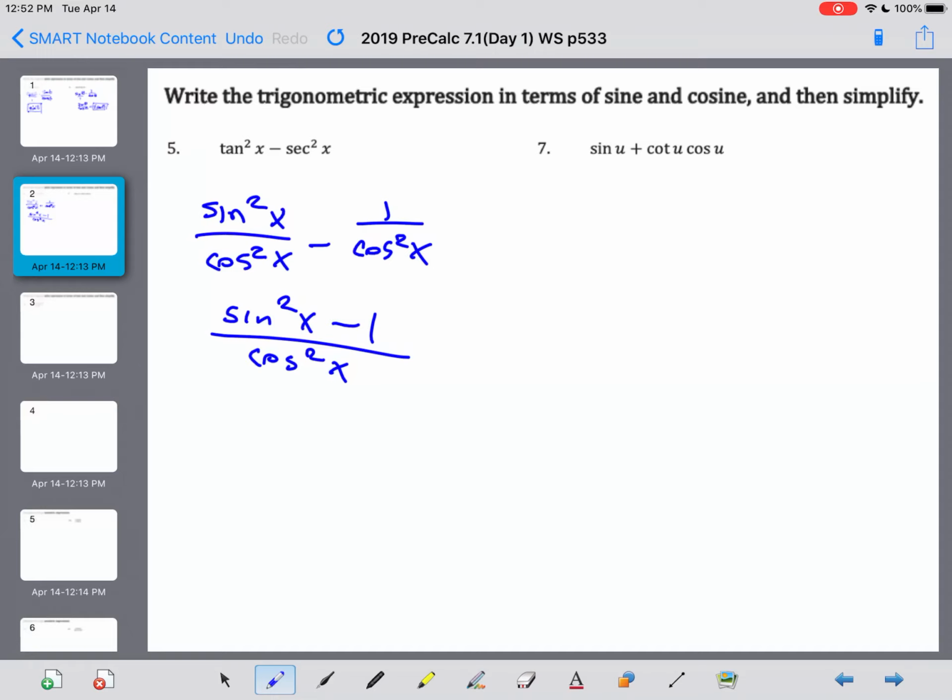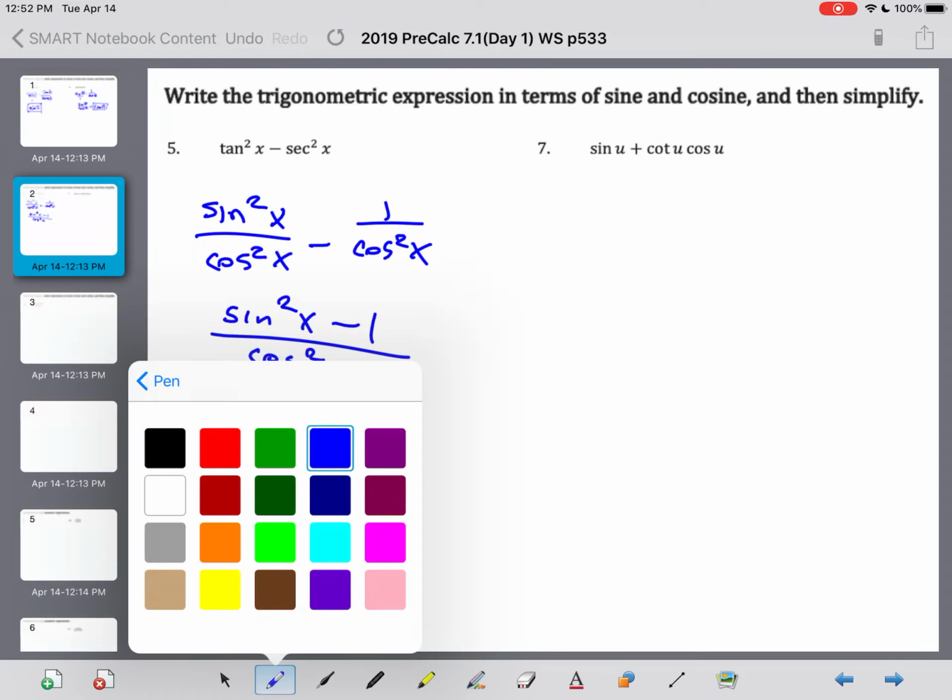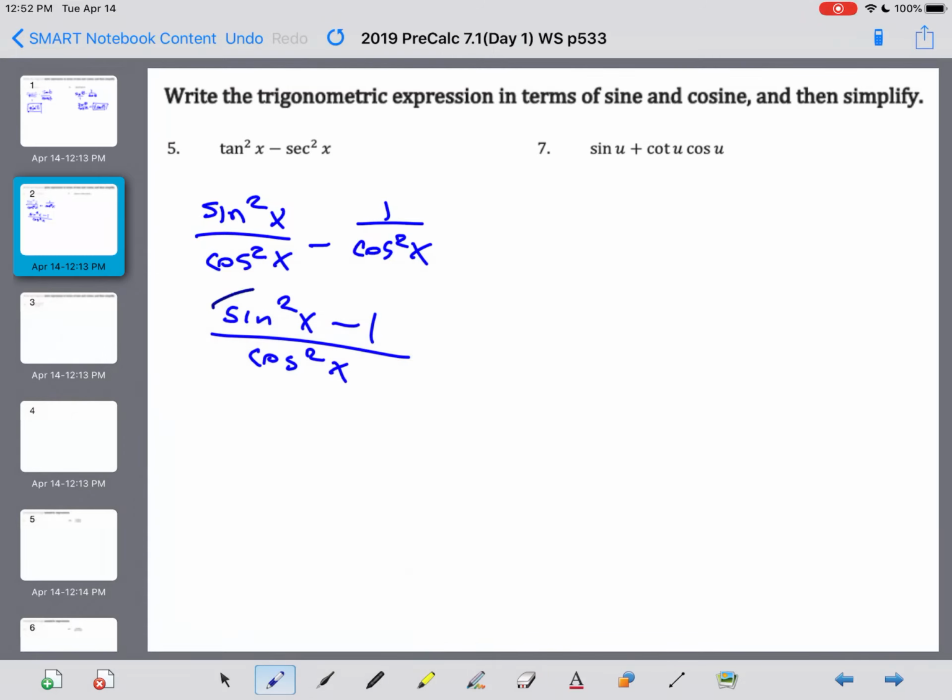And this expression right here can be defined with our Pythagorean identity from a while ago. So remember that sine squared plus cosine squared x equaled 1. And we're going to go ahead here and subtract that sine squared over. So we're going to get 1 minus sine squared x.